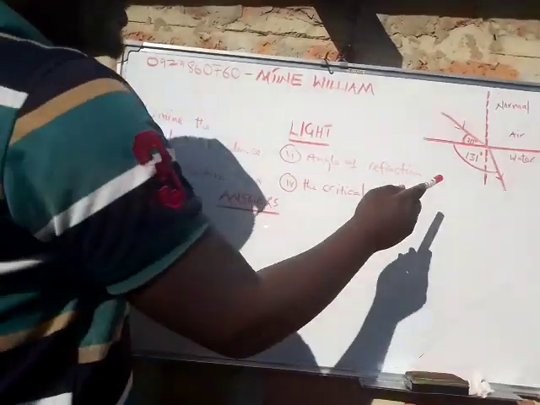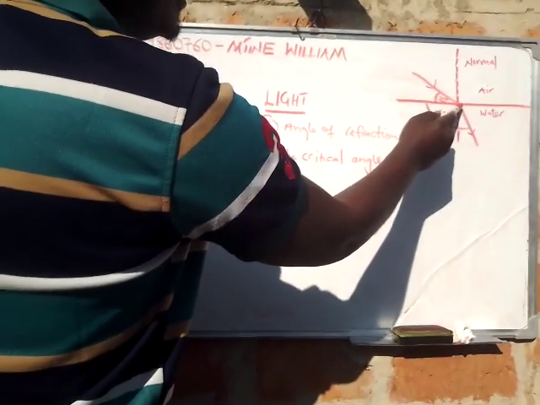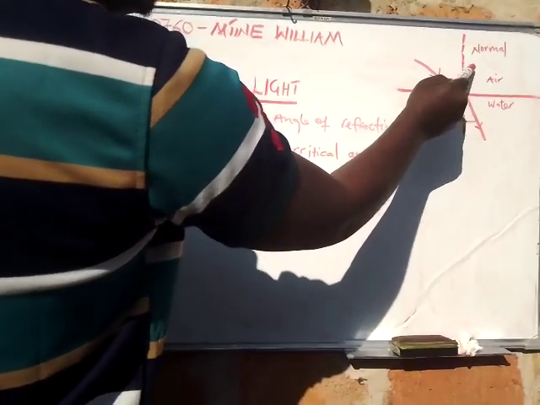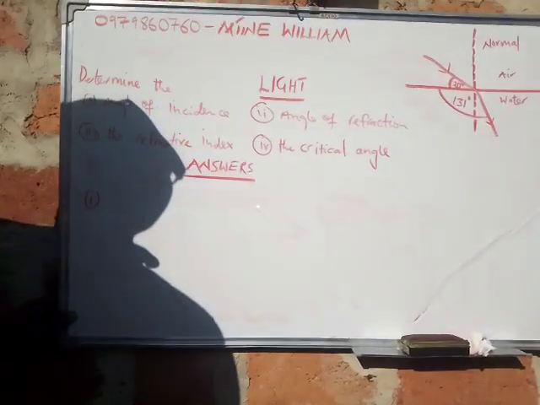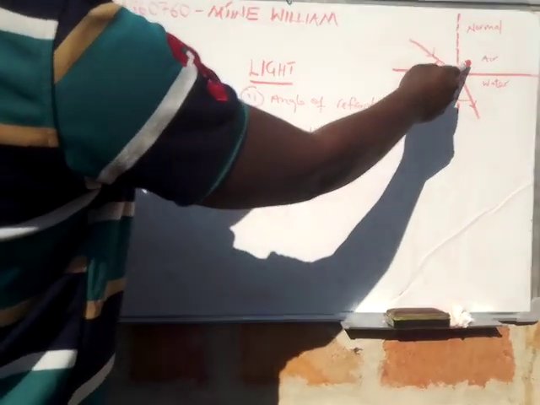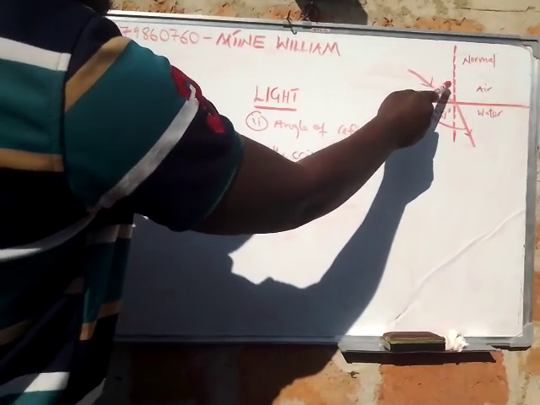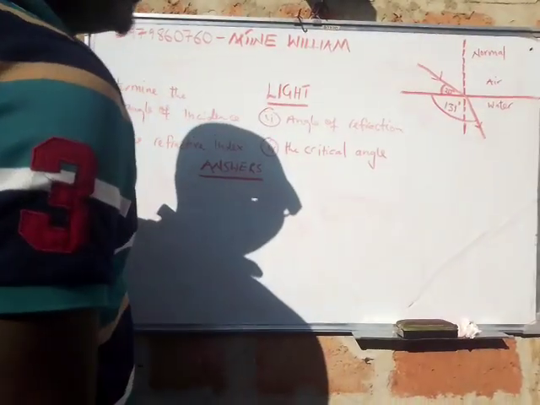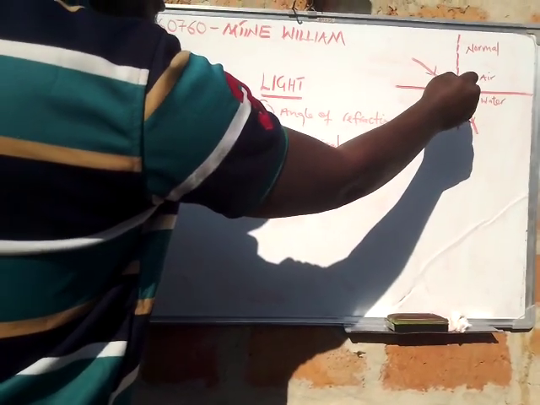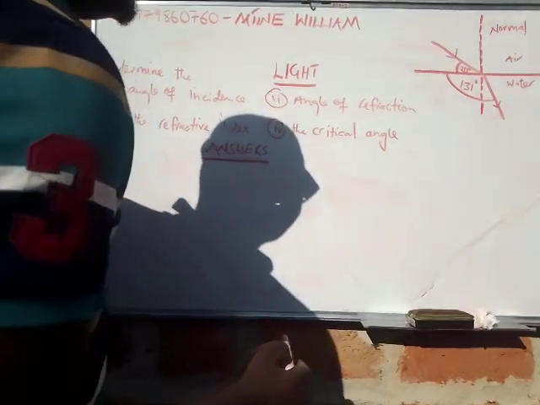The refracted ray and the normal make up the angle of refraction. The angle of incidence and the angle of refraction are always equal.